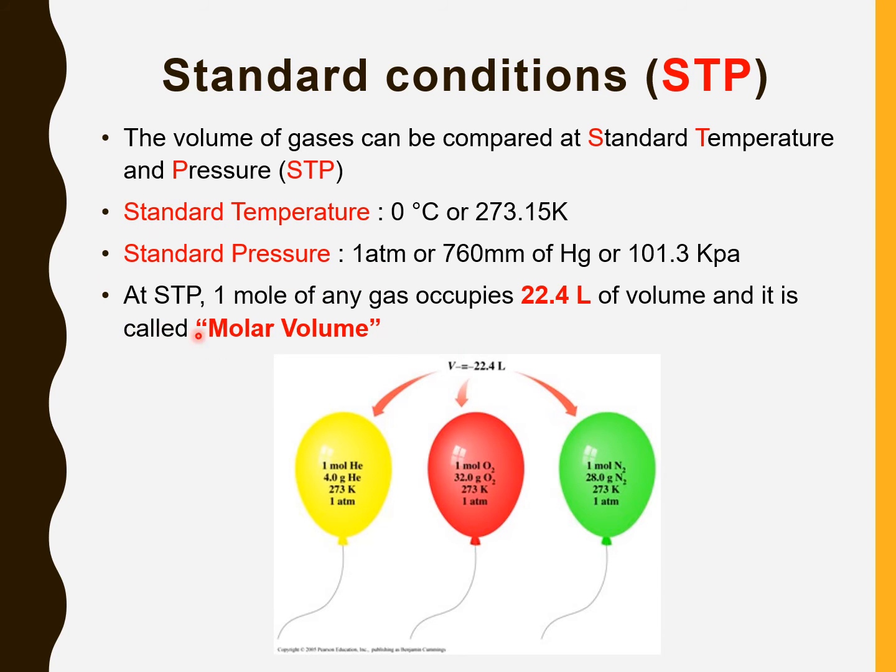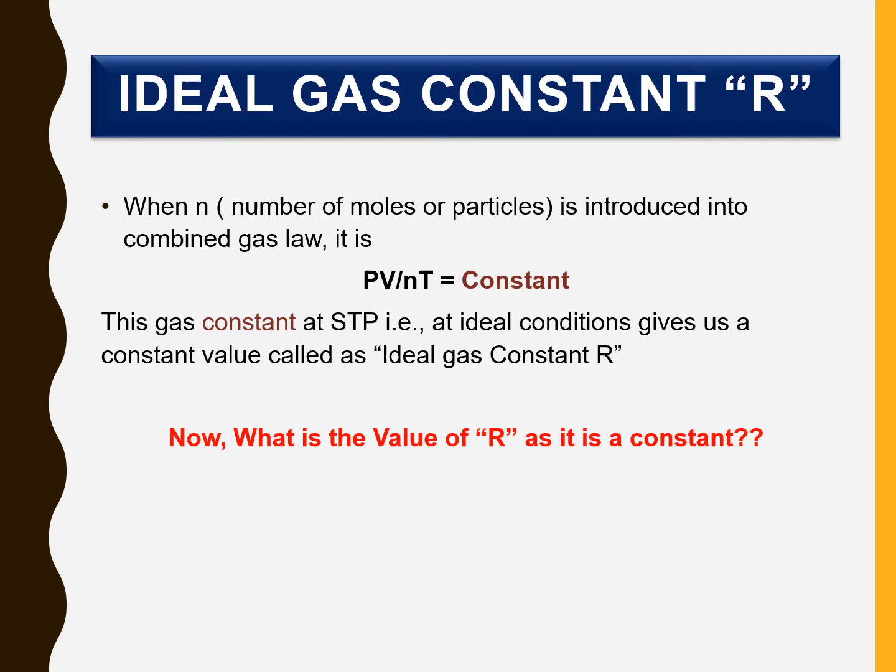Now it's time to derive R, the ideal gas constant. We can derive it from the combined gas law. If you remember the combined gas law from part 2, PV/T is equal to a constant.